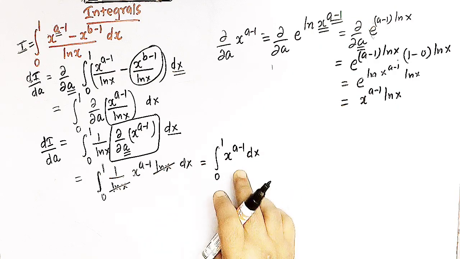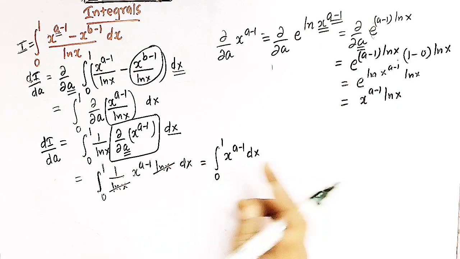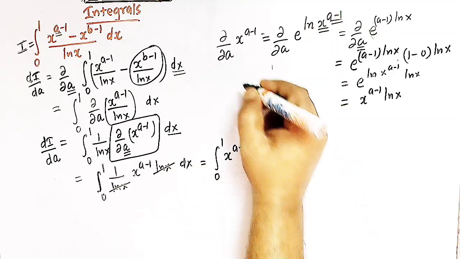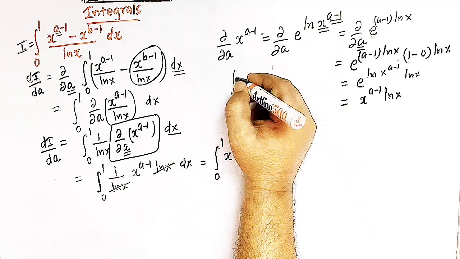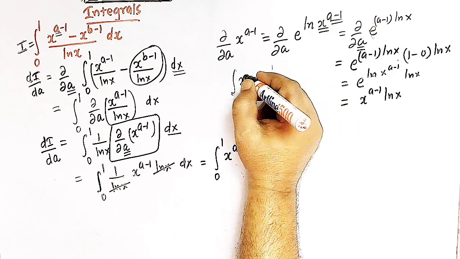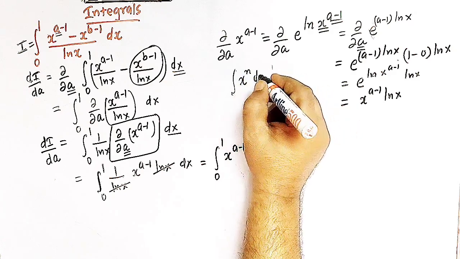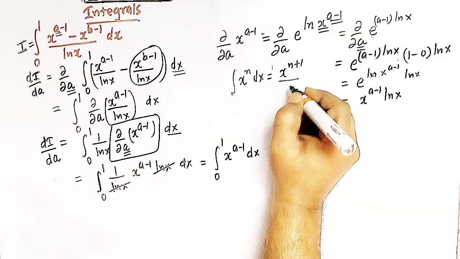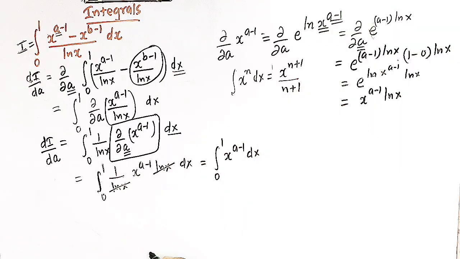Right? So now again we can treat x as a variable, and we can use this well-known result, that is the integral of x raised to n dx is x raised to n plus 1 over n plus 1, right?